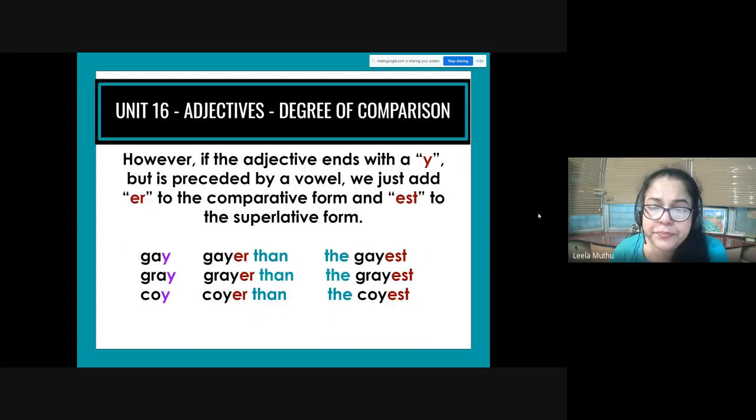Now, when an adjective ends with Y, but there is a vowel before it, we treat it just like any other word ending with a consonant, and we just add ER in the comparative and EST in the superlative. Now you see the word gay. Gay means happy. Gay is an old-fashioned word signifying happiness, and a person who's gay is said to be a happy person.